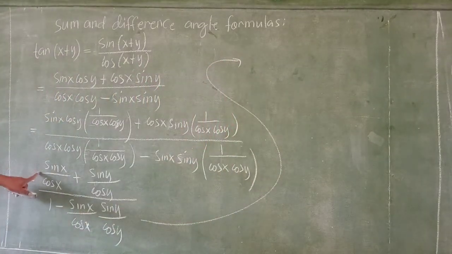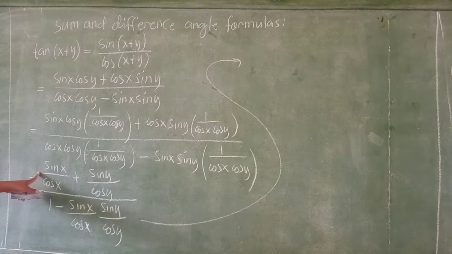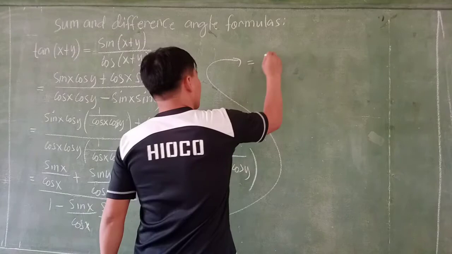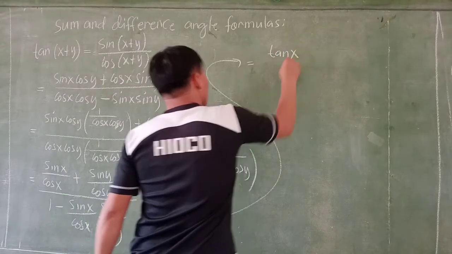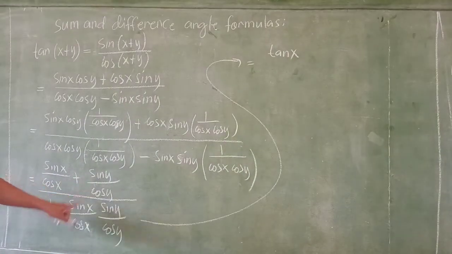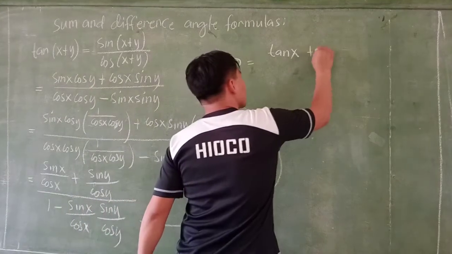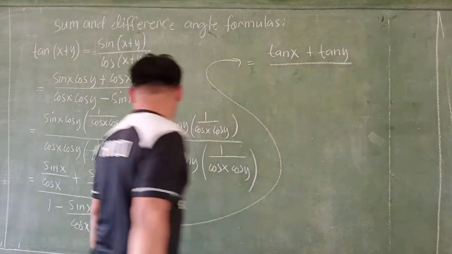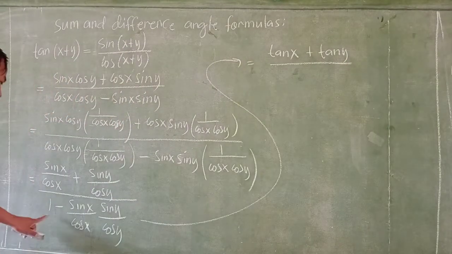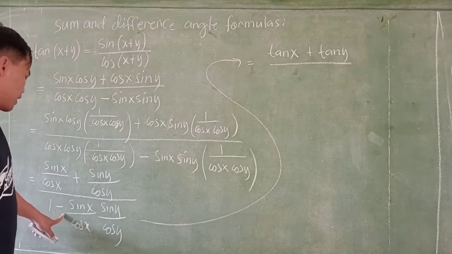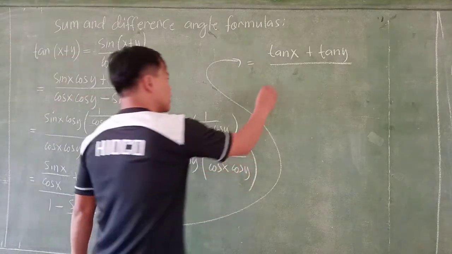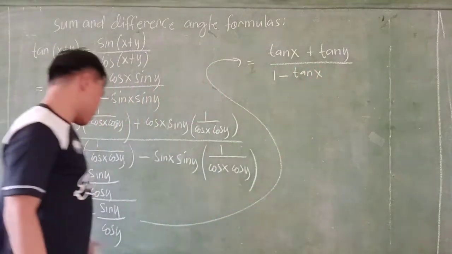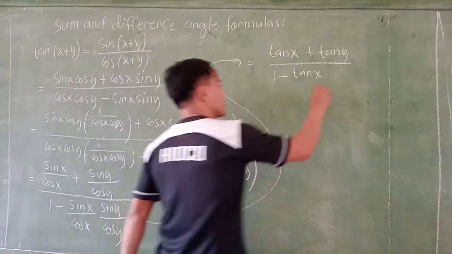This one is tan x actually, because tan is equal to sine over cos as its identity. So we have here tan x. This one, sine y over cos y, is tan y. So plus tan y over 1 minus sine x over cos x, so we have 1 minus tan x times tan y.